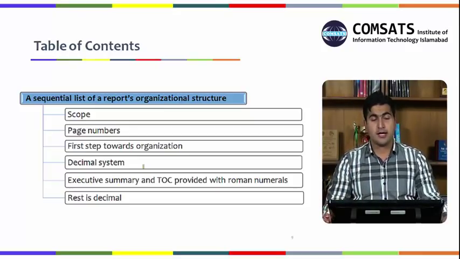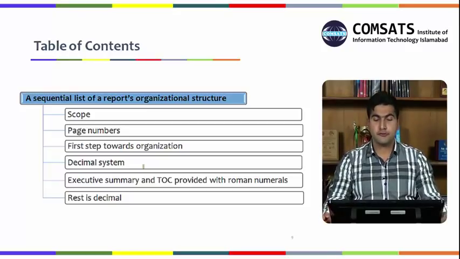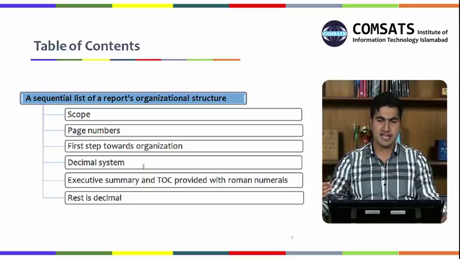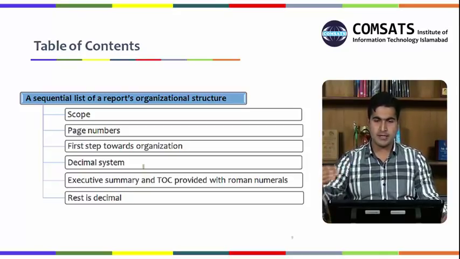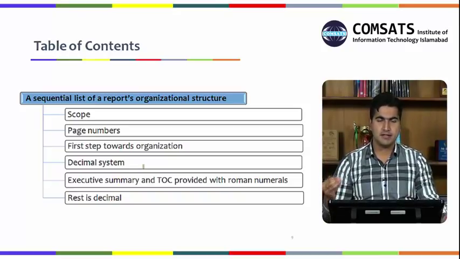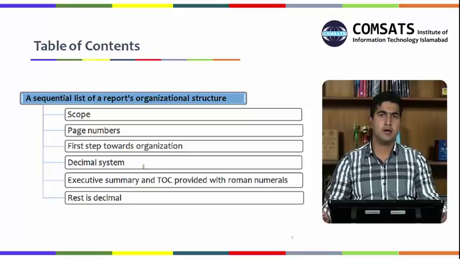What is it? A sequential list of a report's organizational structure. In that case, of that book's organizational structure, the manner in which it has been sequenced, organized, prioritized, is reflected, and that is the purpose of a table of contents or a TOC.